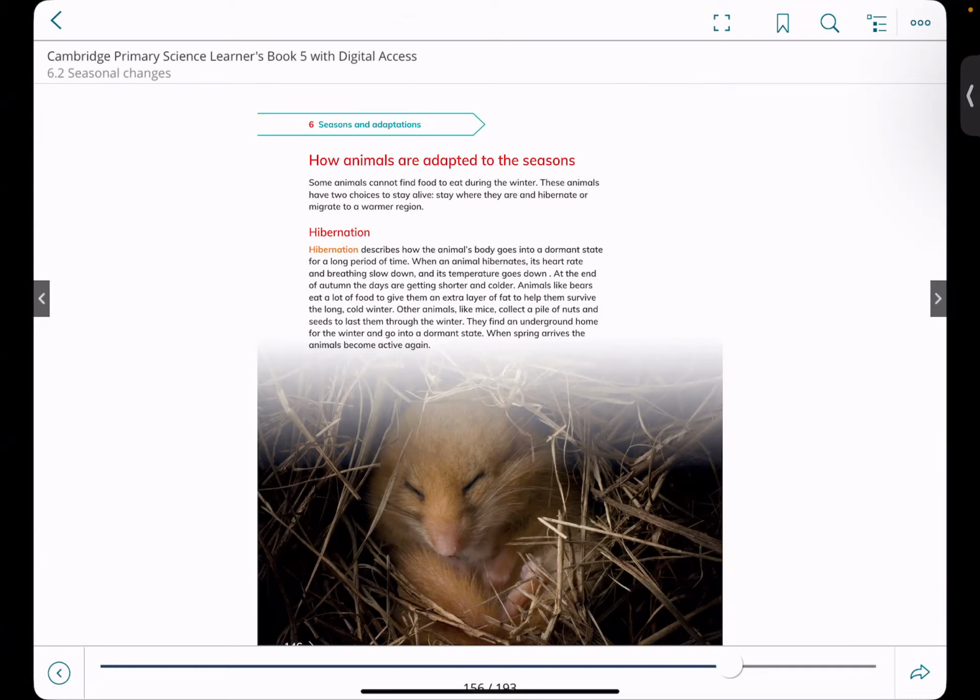So they will find a cozy place, they're gonna eat a lot of food, because when they are hibernating, the extra fat that has been deposited on their body will definitely keep them warm and also provide energy, because they are not eating, they're sleeping, they're in a dormant state. So naturally the body is utilizing energy from the extra fat that has been stored in their body, and they will not die. So this is again an adaptation that they have done to survive in such adverse condition.